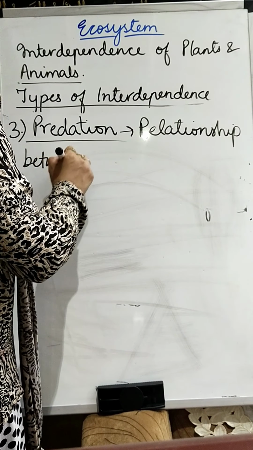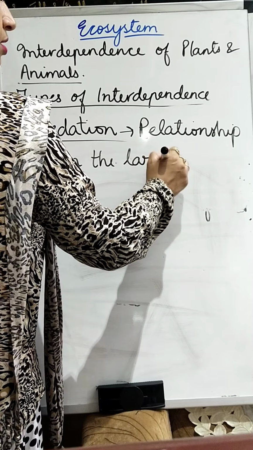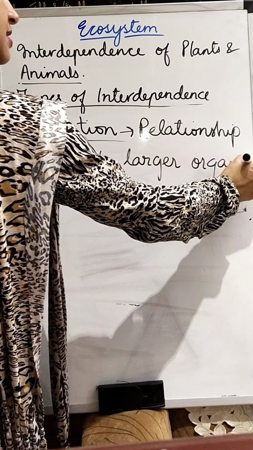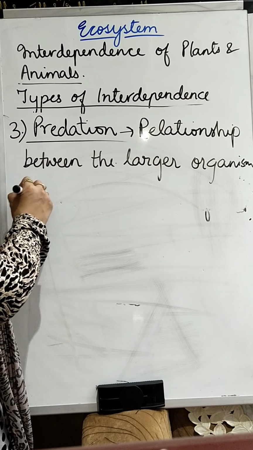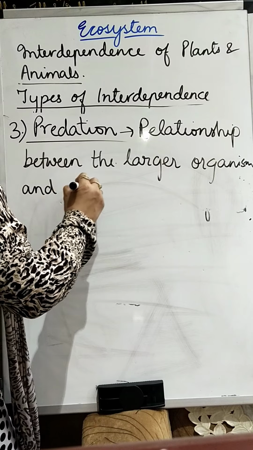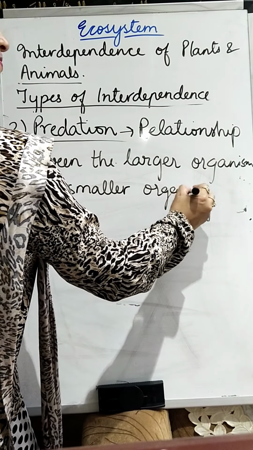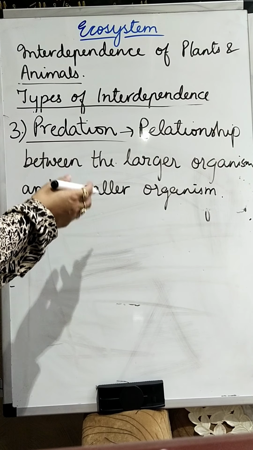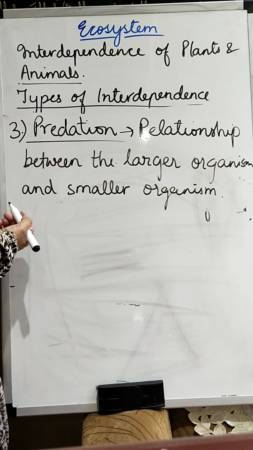So what happens here? In this, the larger organism attacks, kills and feeds on the smaller organism.